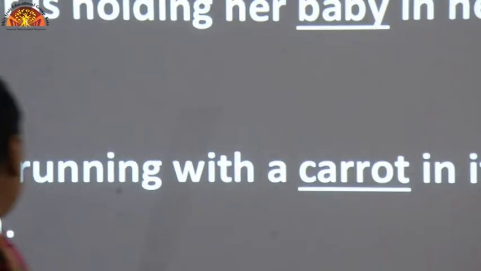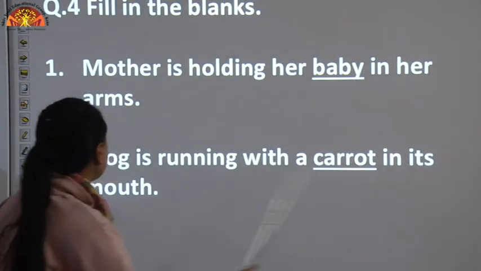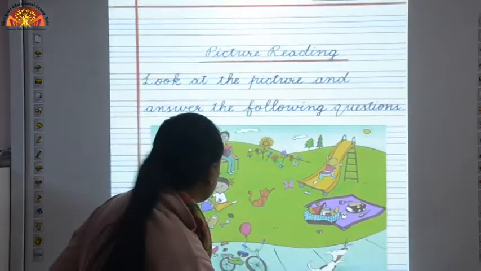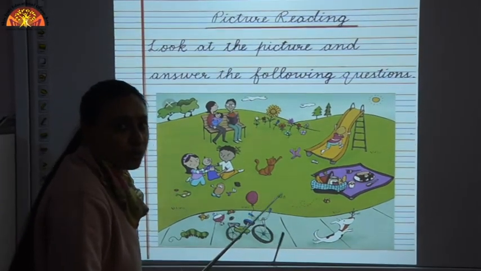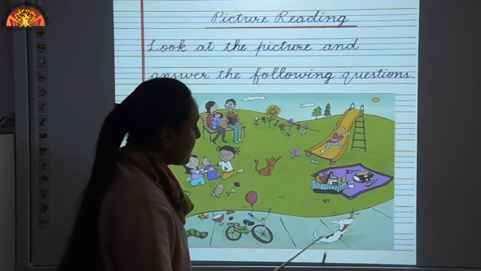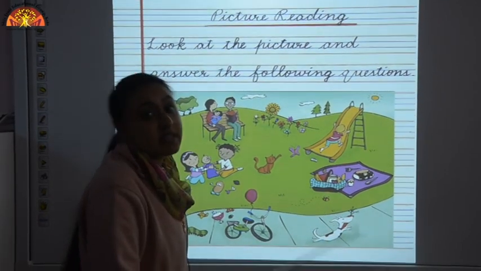Okay, now children, look at number 2. Dog is running with a dash in its mouth. We will switch to the picture. Look over here. Where is the dog? Here, a white color dog. Okay, so a dog is running with a carrot in its mouth.